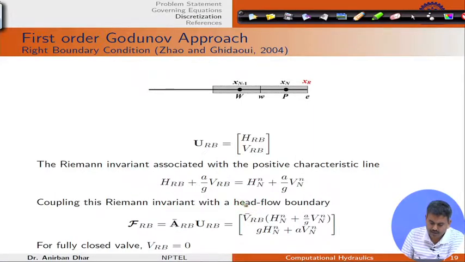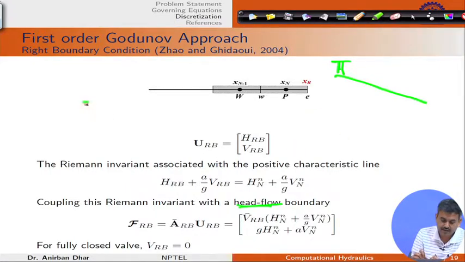This is not directly a head flow condition. From one side we have head, but on the other side we have closure of a valve. So, VRB will be 0. In that case, where we will be having VRB as 0, we can directly get the value there.